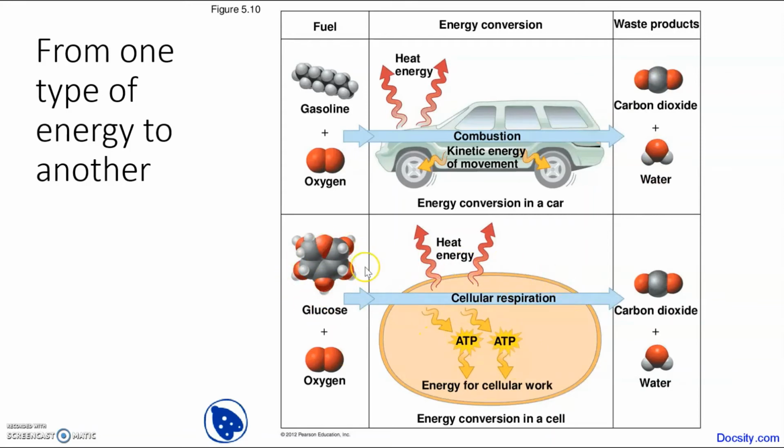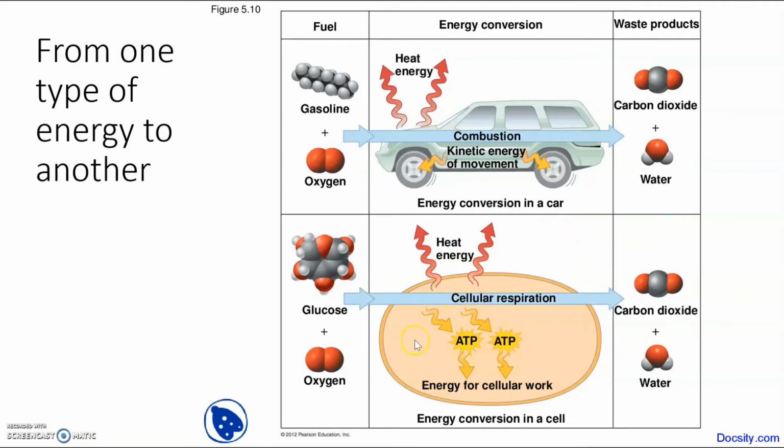So we have, instead of gasoline, the chemical energy comes in the form of glucose, and we again need oxygen to break down this. And what we get out of this is, again, some energy in the form of heat. This is lost energy. Organisms cannot use that type of energy for anything except keeping, of course, a constant body temperature, but eventually it just leaves the organism.